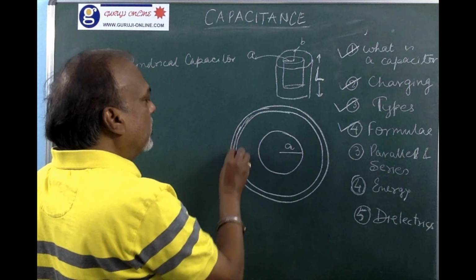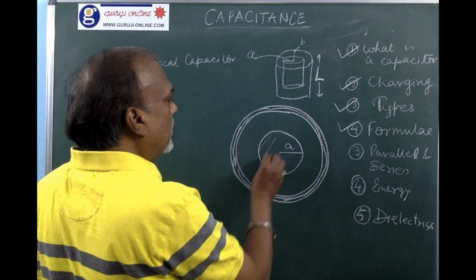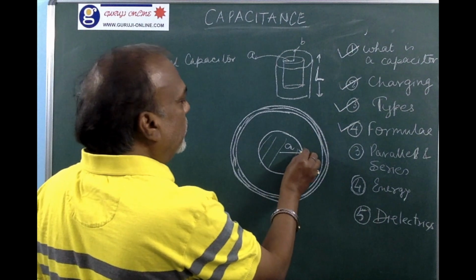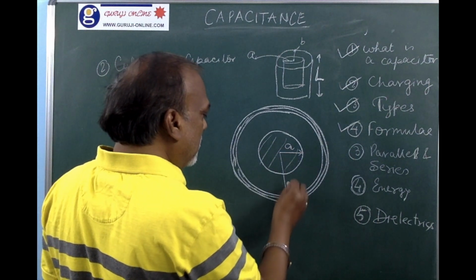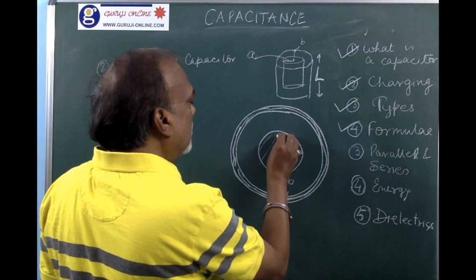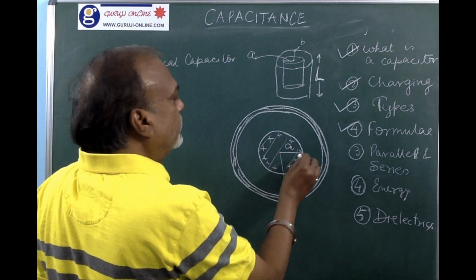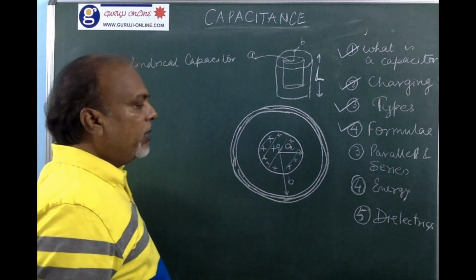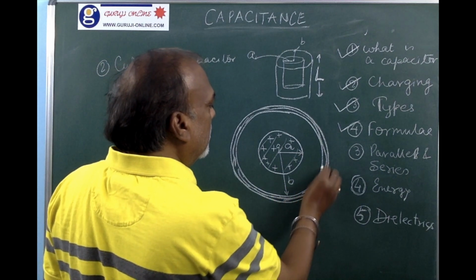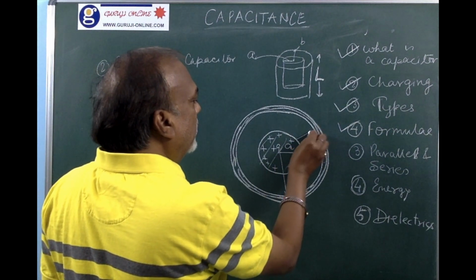So this is your outside cylinder and this is your inside cylinder, and there is a gap. This is your A and this is your B. On the inside cylinder, plus Q charge is there, and here minus Q is there, so naturally the electric field will be like this.